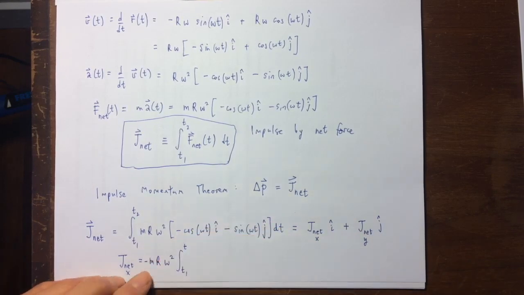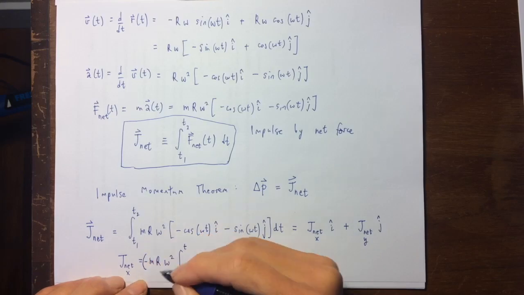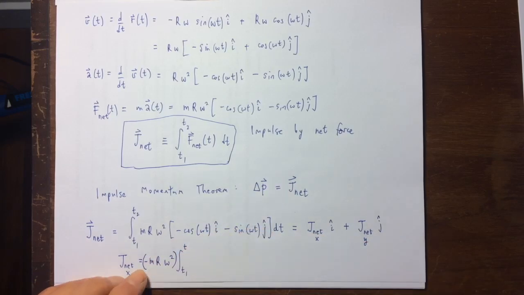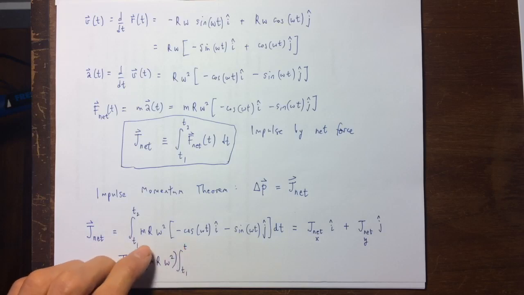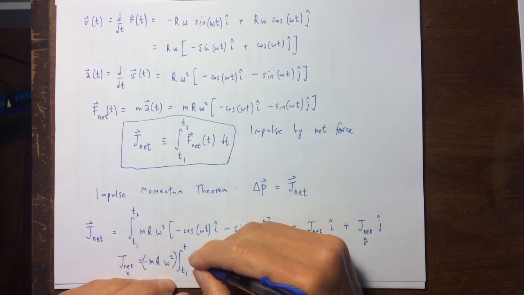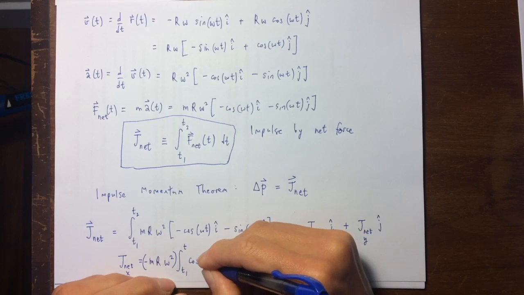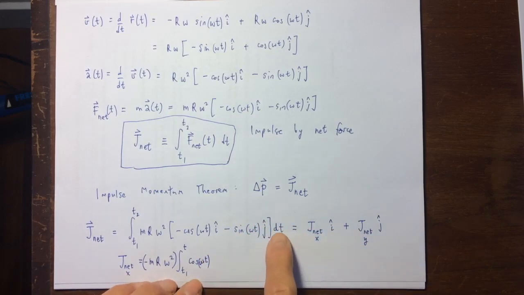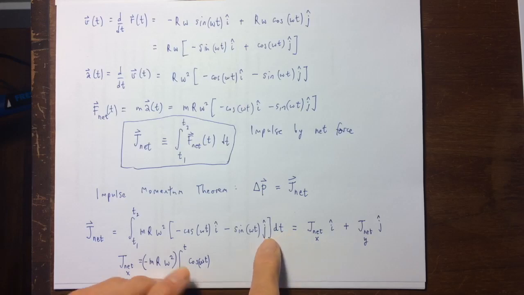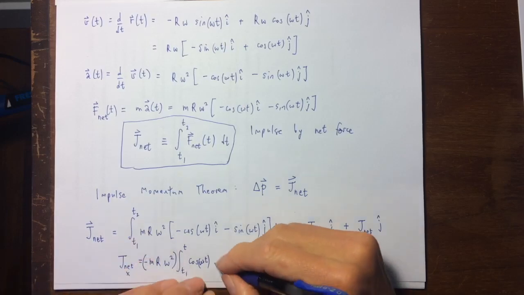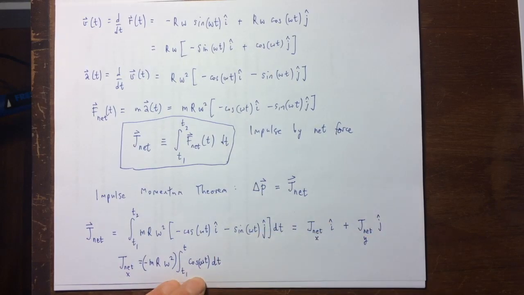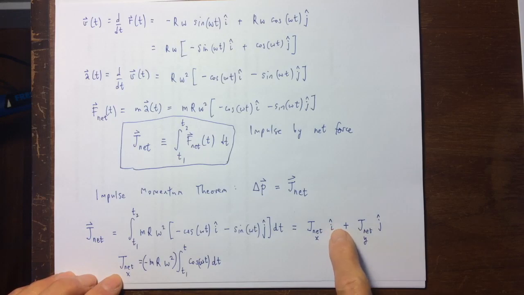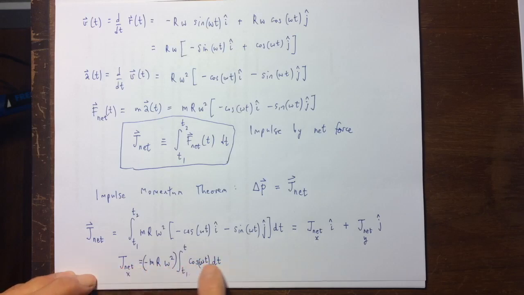There is this minus sign. Let me pull it out. So there's a minus out in front. Let me parenthetically put it all together. So minus m r omega squared integral t1 to t2 of cosine omega t. But don't forget that there is this other common factor that's written after the parentheses. This common factor dt sets us up nice for this integral. And because the i hat is outside of this definition of this J net x, I do not put the i hat anywhere in here.